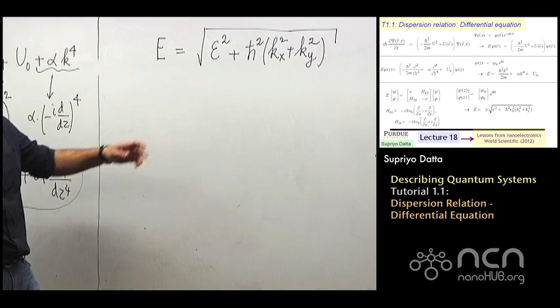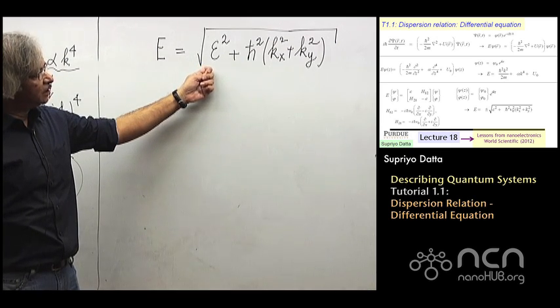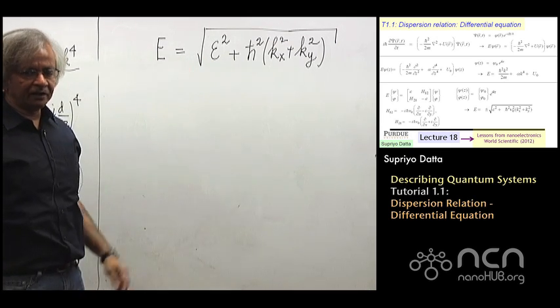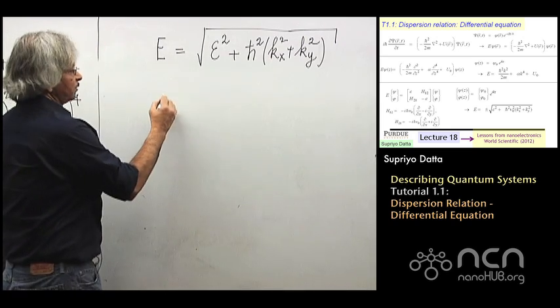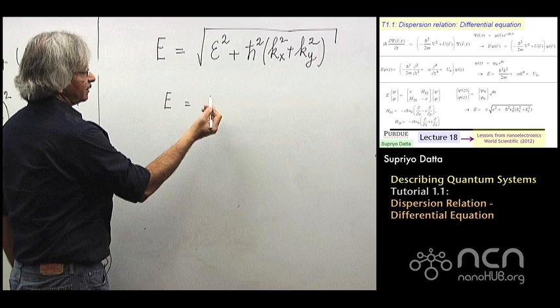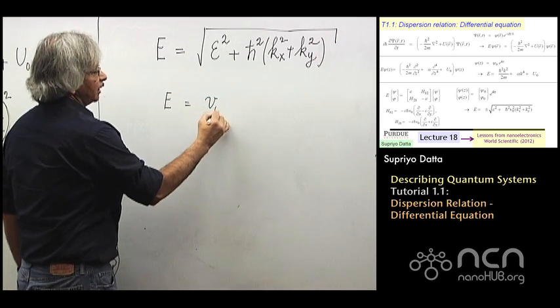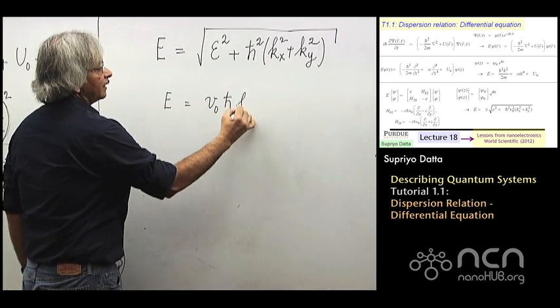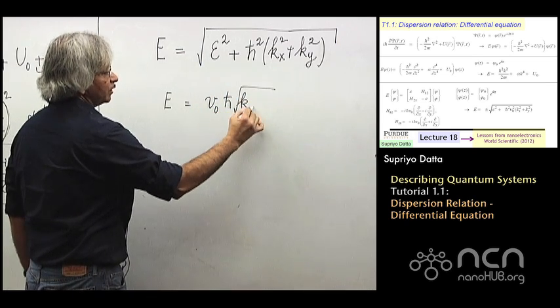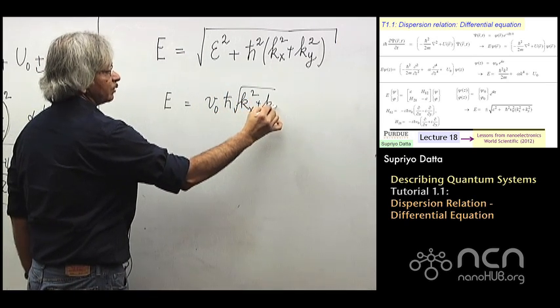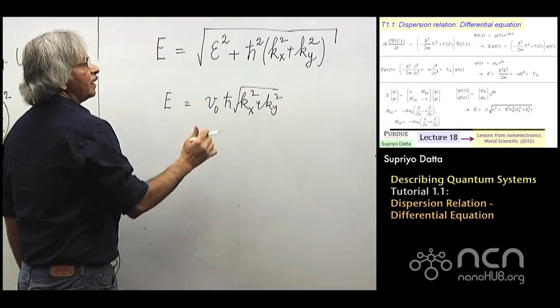And this is kind of relevant because, in graphene, I've mentioned in part 1 that you have a linear energy momentum relationship. It looks something like V0 h bar k. And this is a two-dimensional conductor, so the k is really the square root of kx squared plus ky squared.